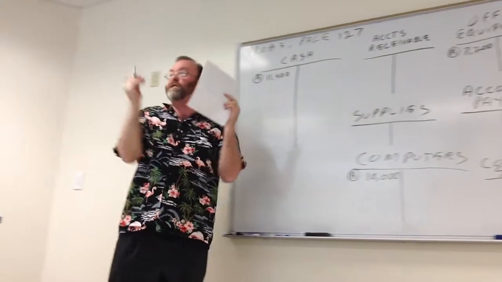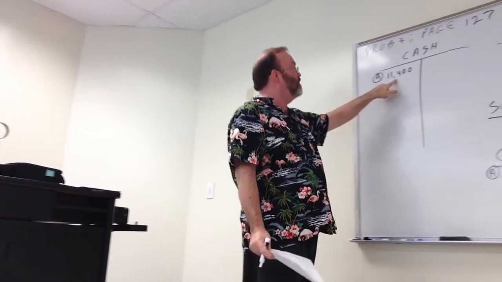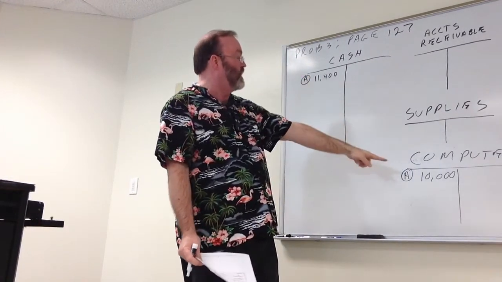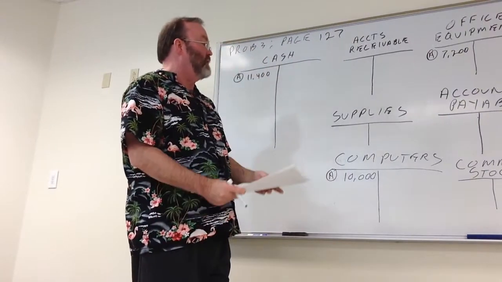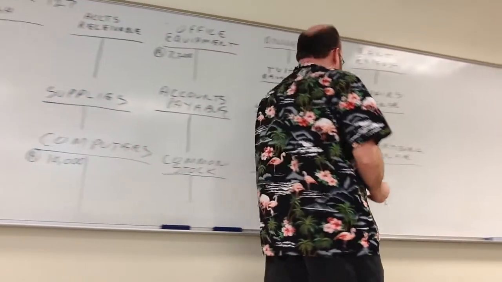And what did she get in return for giving all 3 of these types of assets to the business? She got stock of $1 par for $28,600. And if you add up the $11,400, the $10,000, the $21,400, plus the $7,200, that is the $28,600.